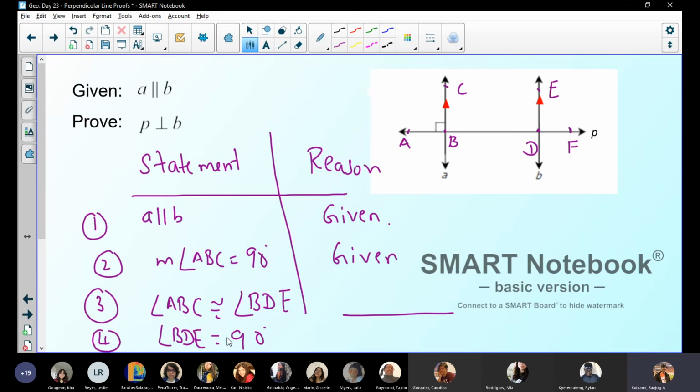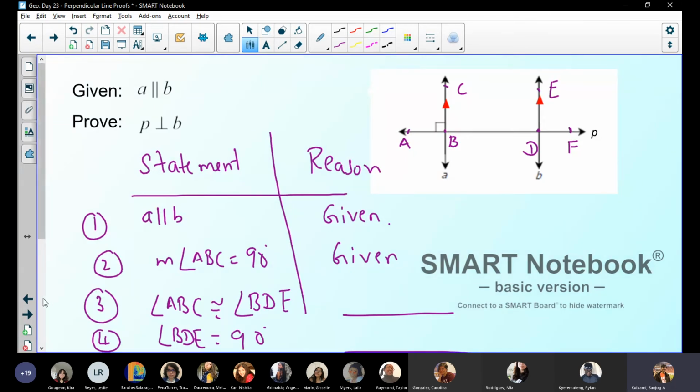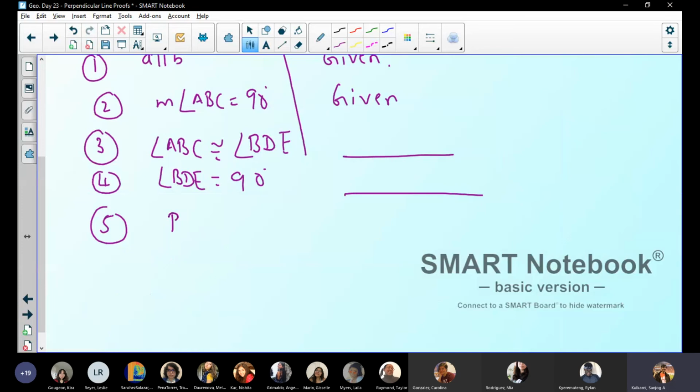I've got to tell the reason for this step as well. Then I can say the last step, which was P is perpendicular to B. Use your chat and tell the reason for these three steps.